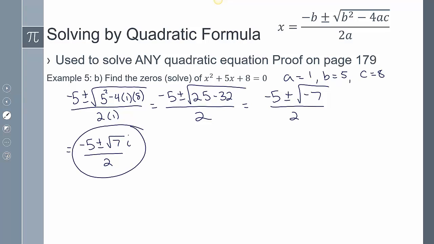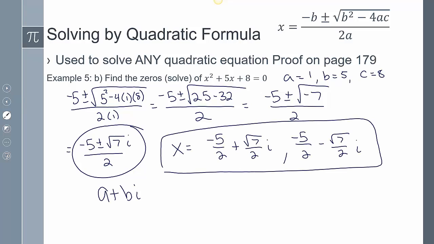And so that could be a good answer, or if you wanted to, you can break it up as well. Both of those would be okay answers for now. Once we start talking about complex numbers more, I'm going to enforce this a little bit more, but just remember that all complex numbers are in the form a plus bi. So they always have to be in the a plus bi form.